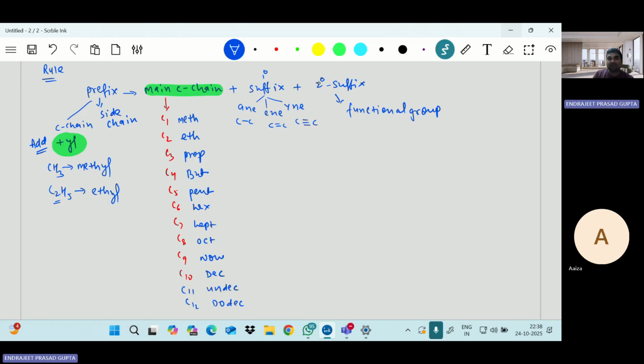And if single bond is there, it is ane, double bond ene, triple bond yne. The e will be dropped.